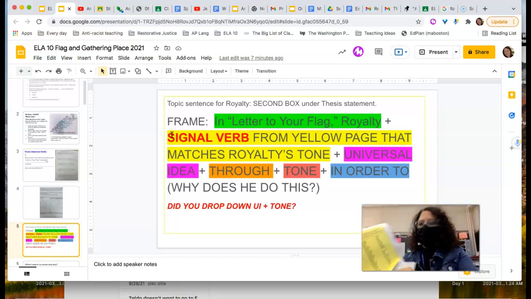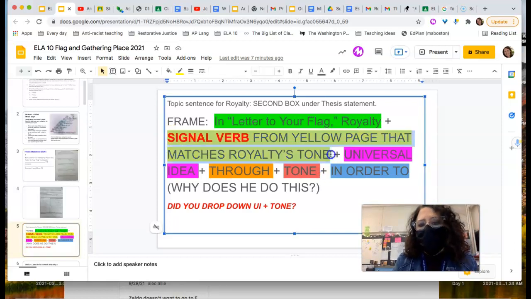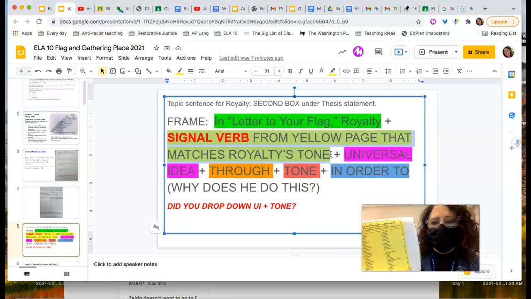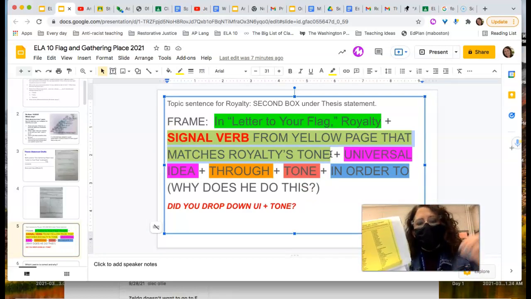That's too boring. So choose a word. I know a lot of you are going with exposes, right? To expose something is to bring it out in the open. So that's the yellow section here. So I'm going to give you a few minutes to go ahead and make sure you have a very strong signal verb that matches the same tone as Royalty in this first paragraph. And you can pause the video here.